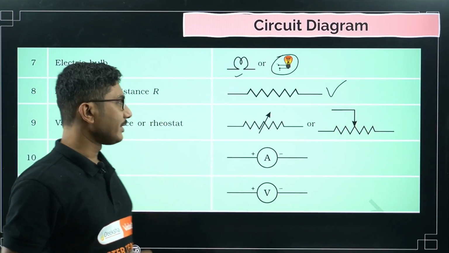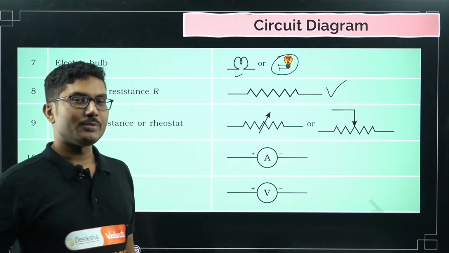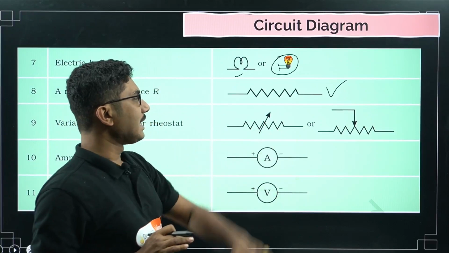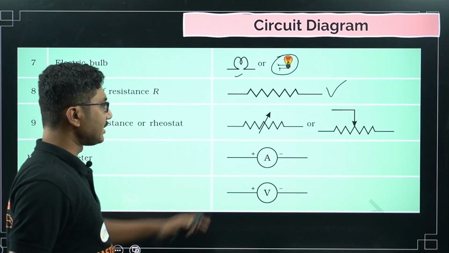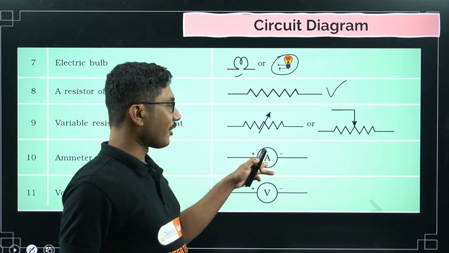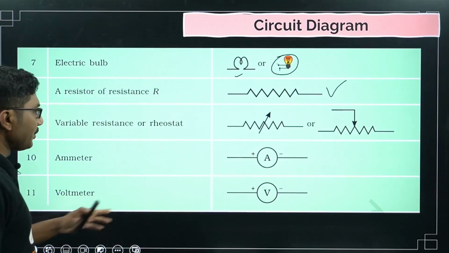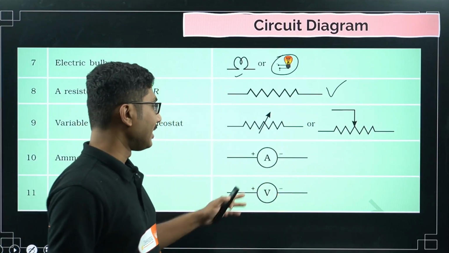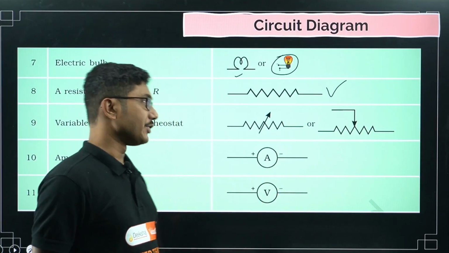Not the exact rheostat, but you can consider that to be a variable resistance. Now ammeter, this is the symbol for ammeter, this is the symbol for voltmeter. Same, only for ammeter A is written, for voltmeter V is written. This is used to measure current and this is used to measure voltage.